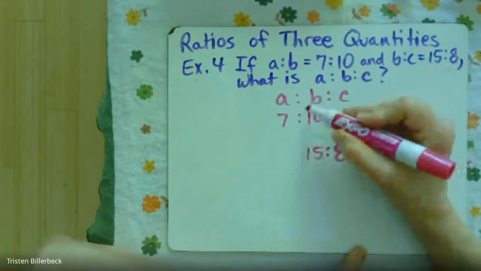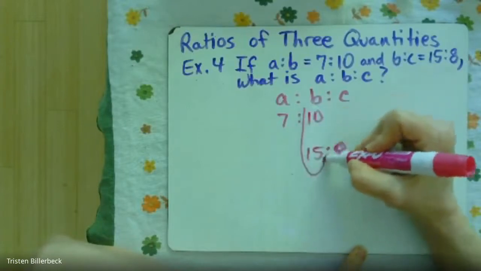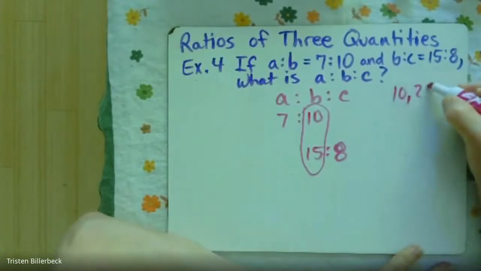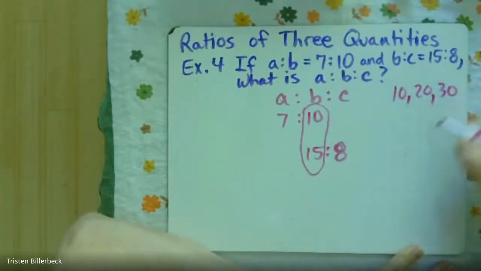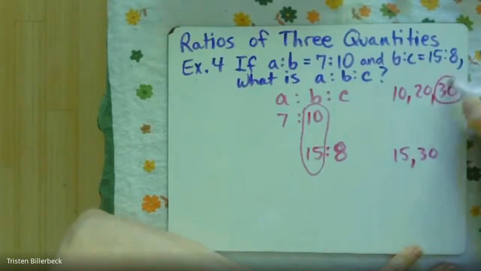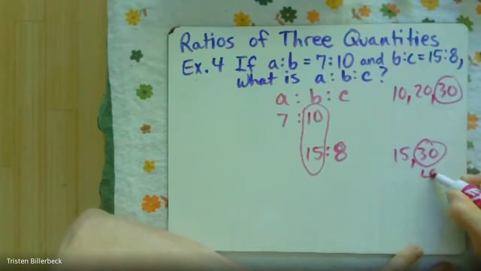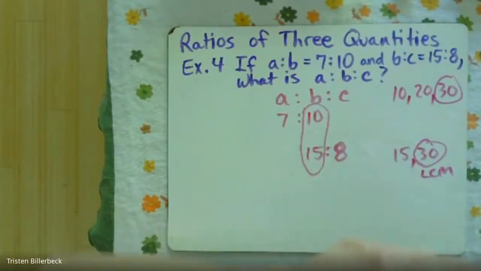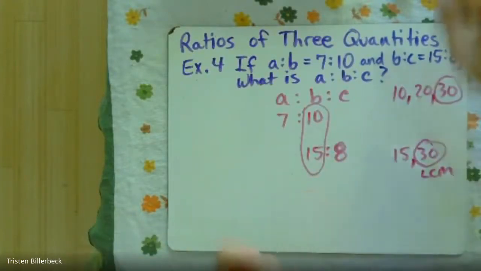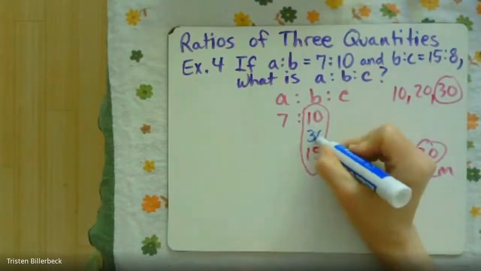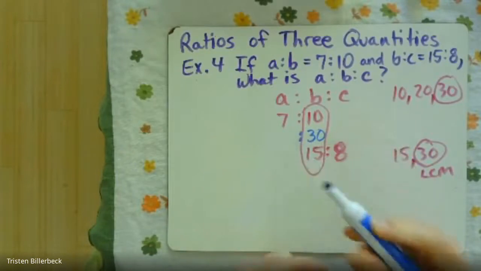So somehow I need these two the same. So I look at their factors, and I look at this factor, and I see I have a least common multiple of 30. So I need to get a 30 in here. So that's what that needs to be.